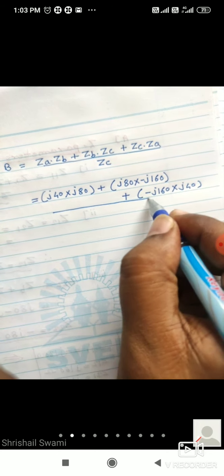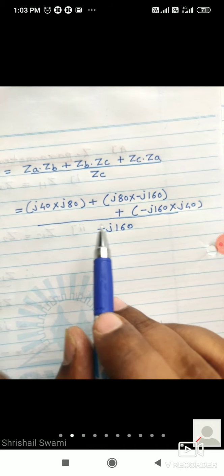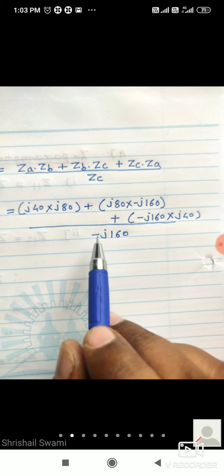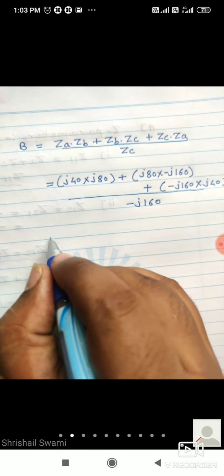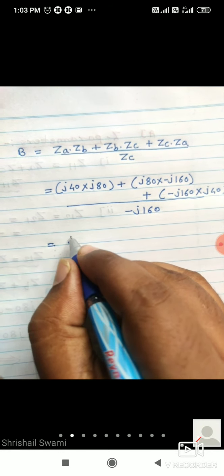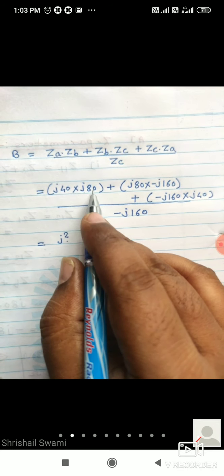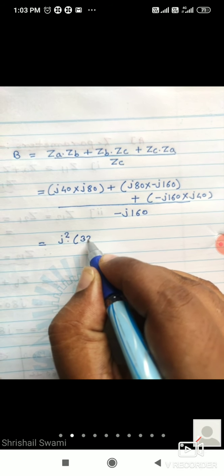So divided by ZC is minus J160. So take carefully, you can solve this expression. J into J is always J square. Okay, J square. So 40 into 80, that is 3200.